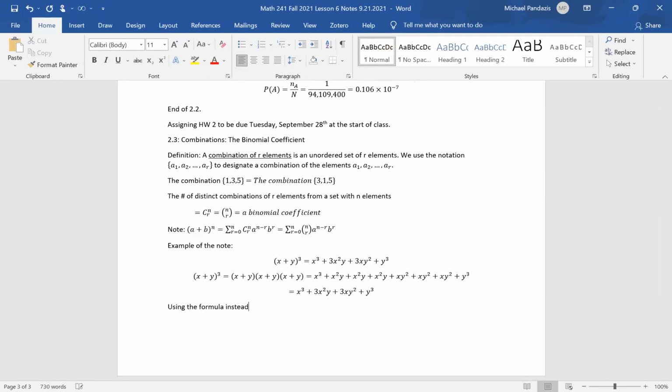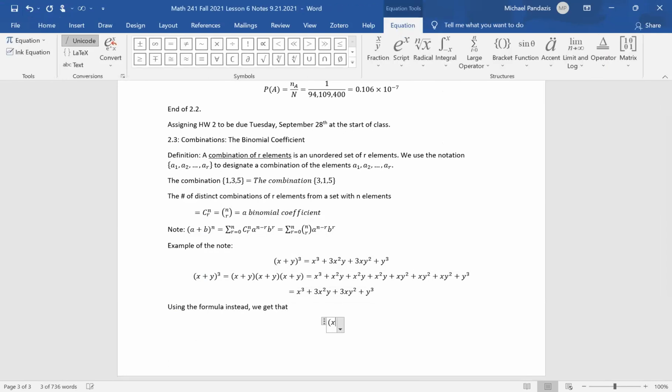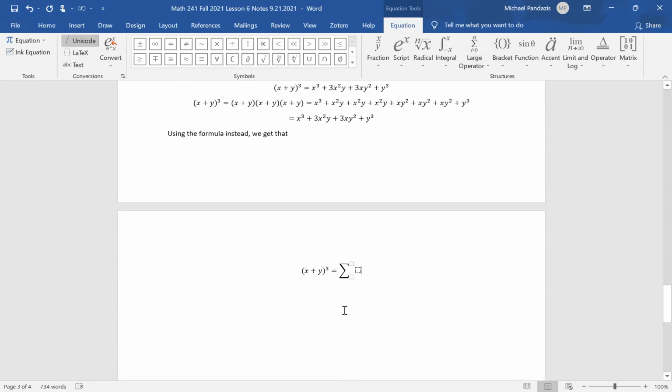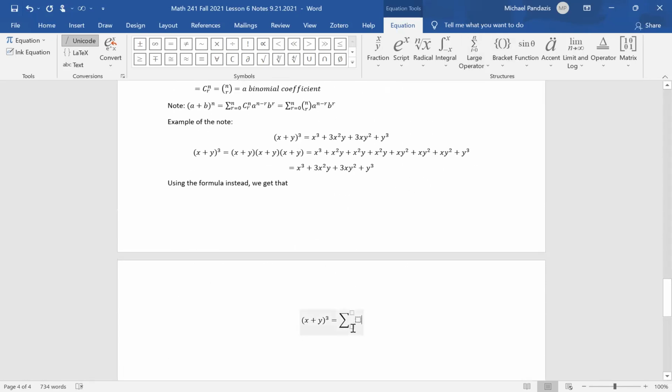And so using the formula instead, we get that x plus y cubed is equal to the sum from r equals 0 to n, where n is 3, of nCr, n choose r, times a, which is x.